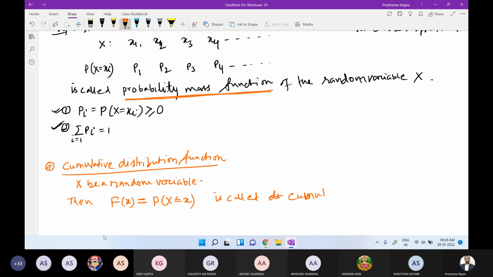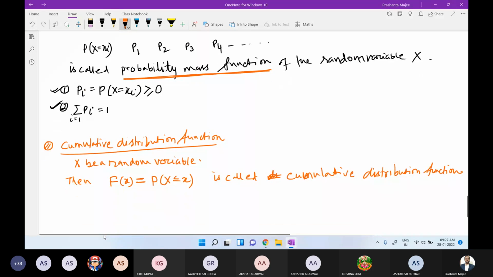Cumulative, these are certain terminology used by statisticians, so you have to follow that, you cannot ignore it. What does it mean? What does it tell you in the case of a discrete random variable?